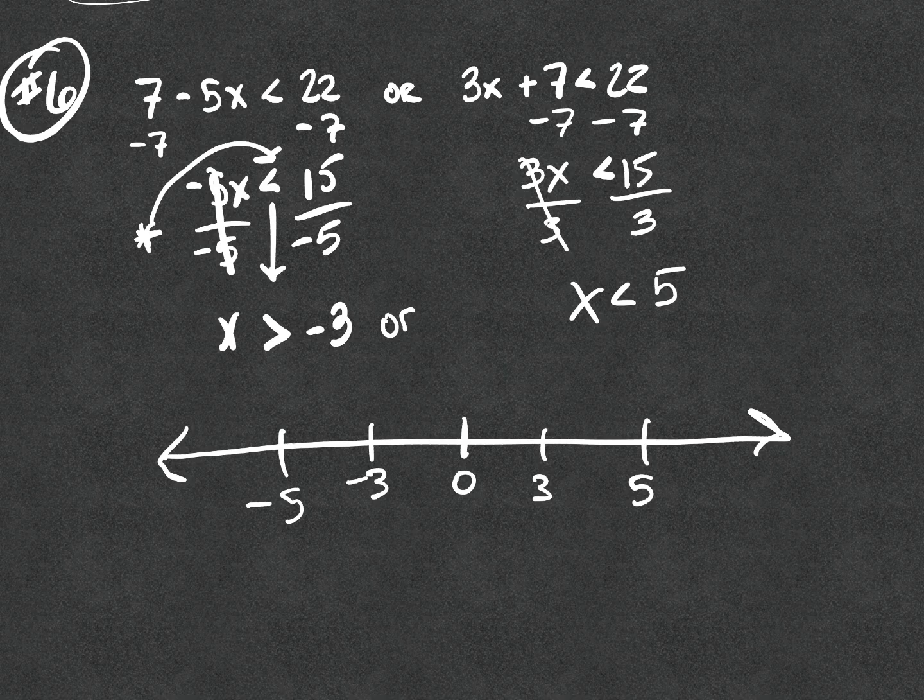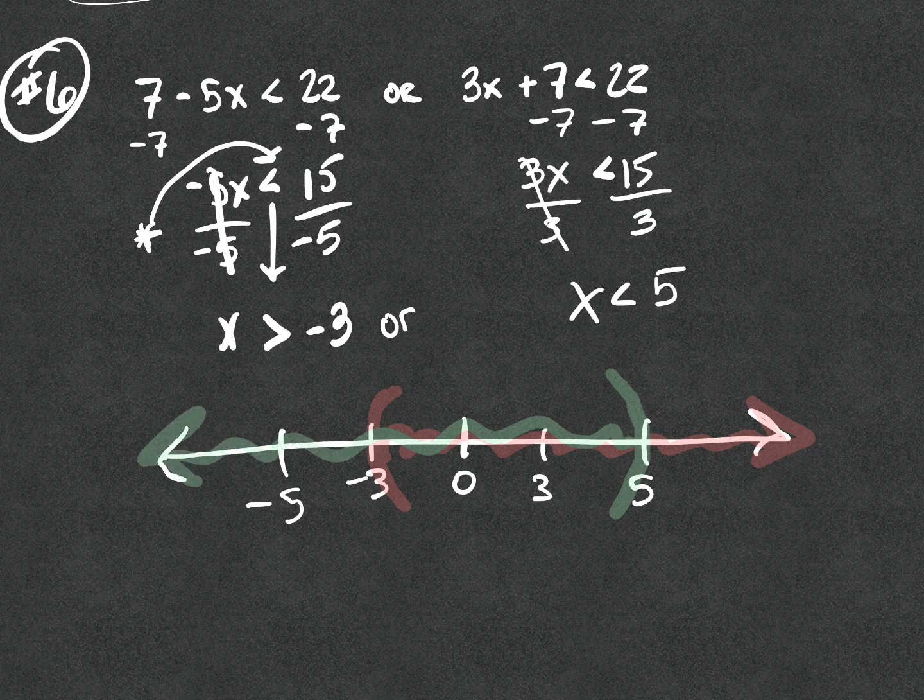Let's do x is greater than negative 3, but it doesn't include it. So there's negative 3, and it's everything moving in the positive direction. X is less than 5, so it doesn't include 5. So we have a parenthesis, but it's everything less than 5.